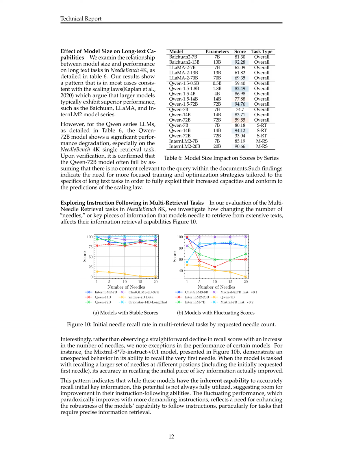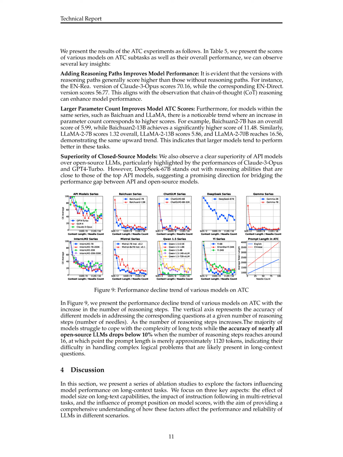for improved instruction-following capabilities. The ATC tests demonstrated that models struggled with multi-step reasoning, as accuracy dropped below 10% for most open-source LLMs when the number of reasoning steps reached around 16, indicating their difficulty in handling complex logical relationships in long texts.